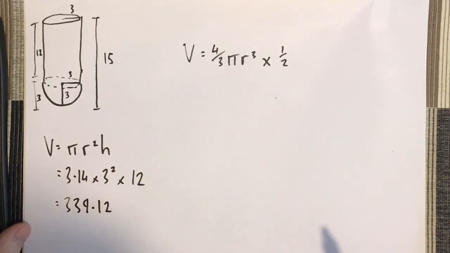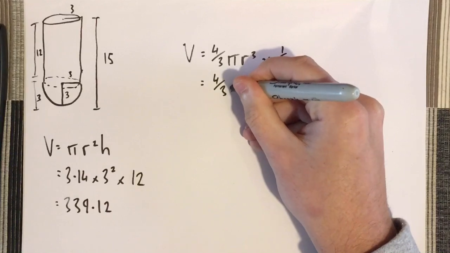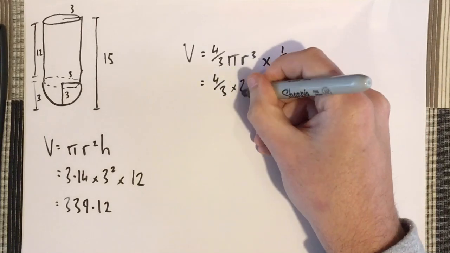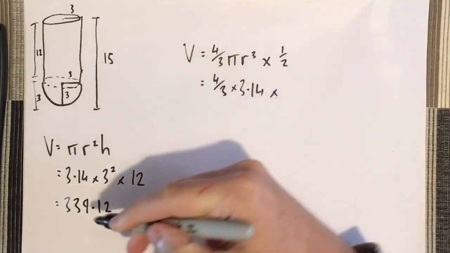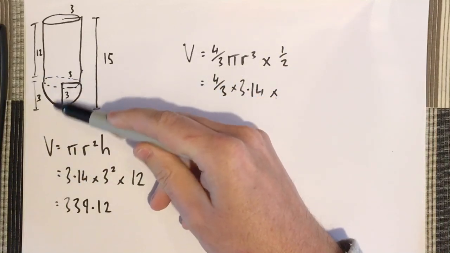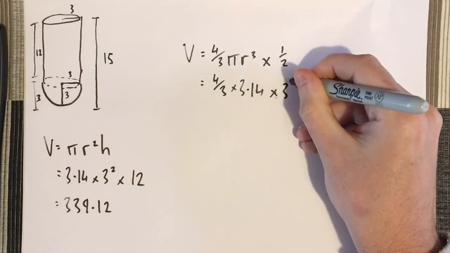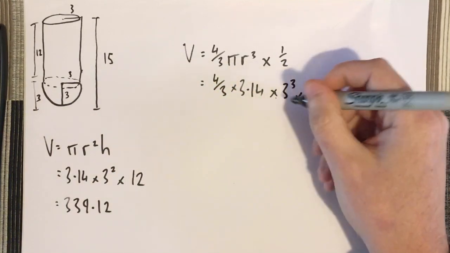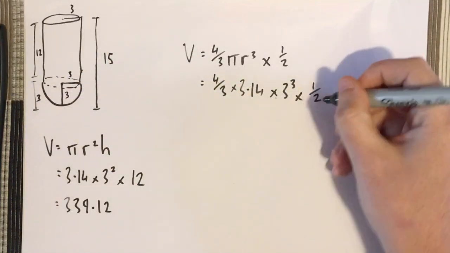The volume of the hemisphere then, so that is 4 over 3 multiplied by, again, I'll use 3.14 for pi, multiplied by the radius of the hemisphere, in this case, is 3, and that's cubed. And then because it's a hemisphere, because it's not a full sphere, you multiply that sphere formula by a half.